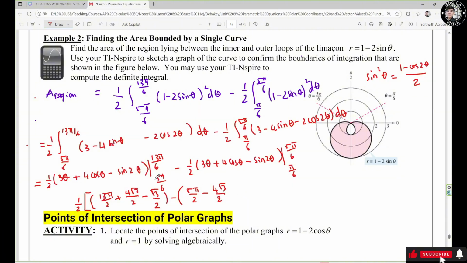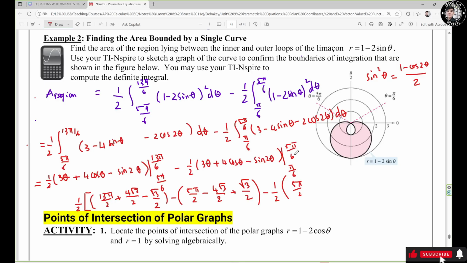Now sine of 2 times 5 pi over 6, which means sine of 5 pi over 3, right? So it's going to be negative root 3 over 2, and the negative sign right here turns out to be positive root 3 over 2. Minus 1/2 times 3 times 5 pi over 6, which means 5 pi over 2.